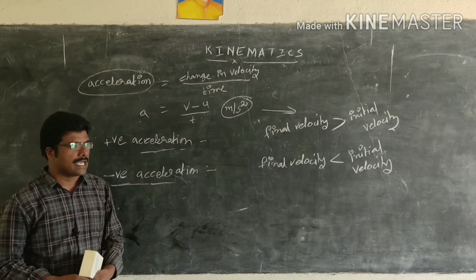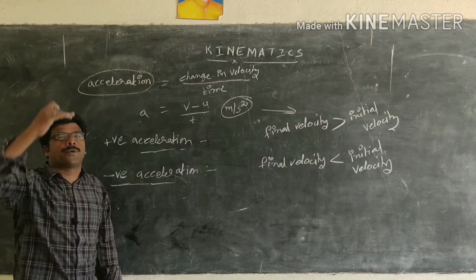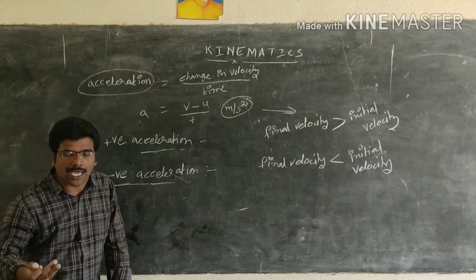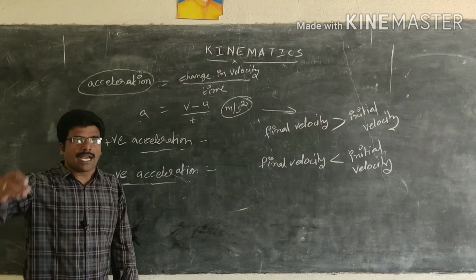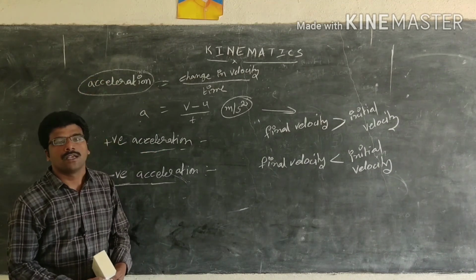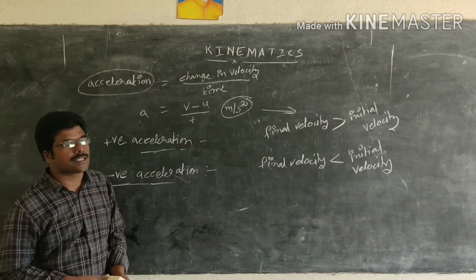The example is, when you throw a body upwards, as the body moves up, its velocity slowly decreases due to gravitational force, and at maximum height it becomes 0. Then the body is said to have negative acceleration.